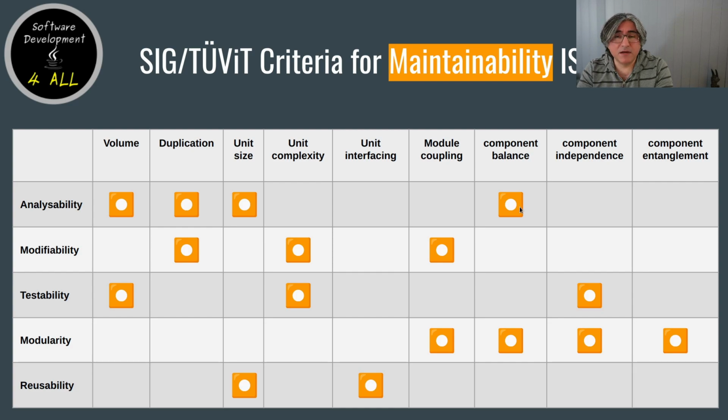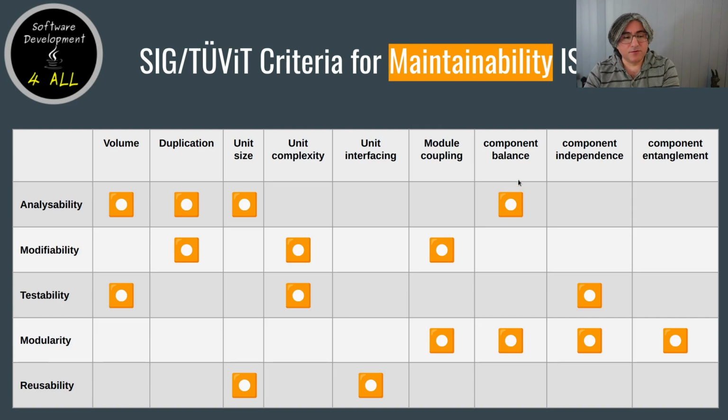If you split it down into smaller parts, balanced in size, then your component balance will be better, and it will help lessen the impact on the other parts that you have broken it down into. So yeah, these things will impact the analyzability of the code.